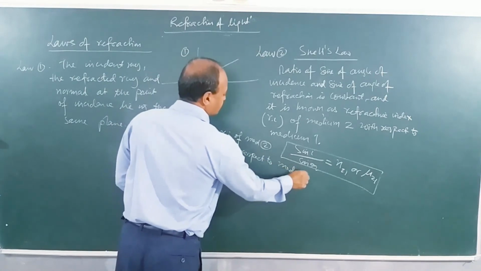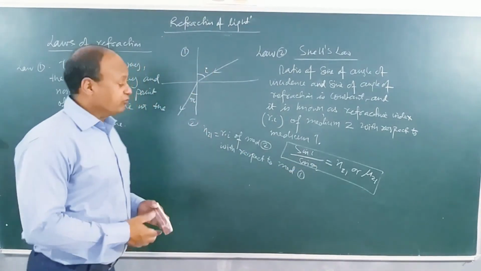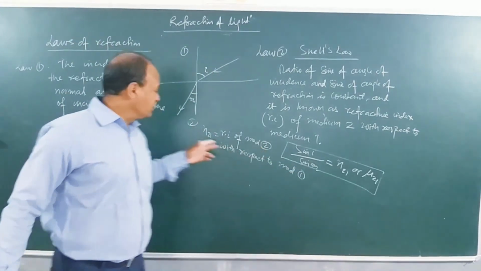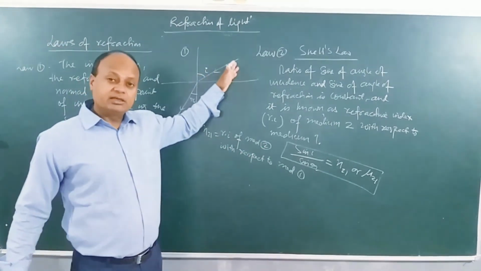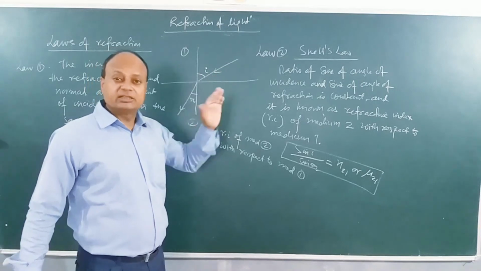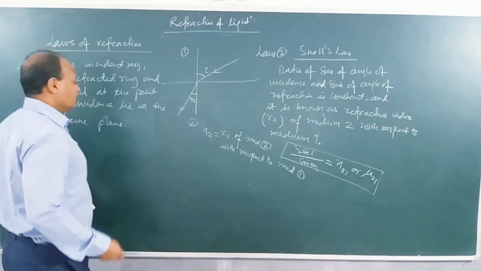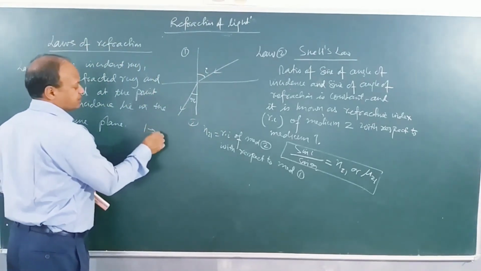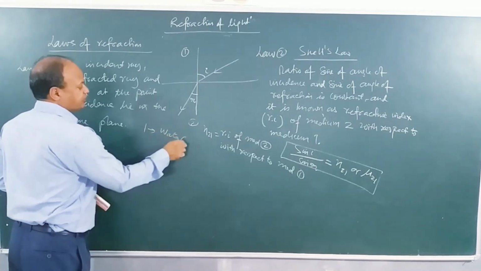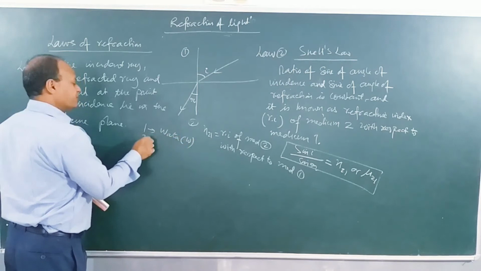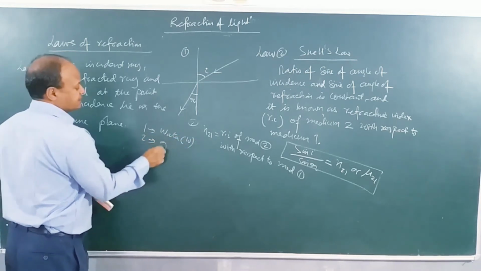medium 1. Now what is medium 2? Medium 2 is the medium into which the ray is going, and medium 1 is the medium from which the ray is coming. Let's see. Suppose medium 1 is water, W. We will be writing W for water. Medium 2 is glass.